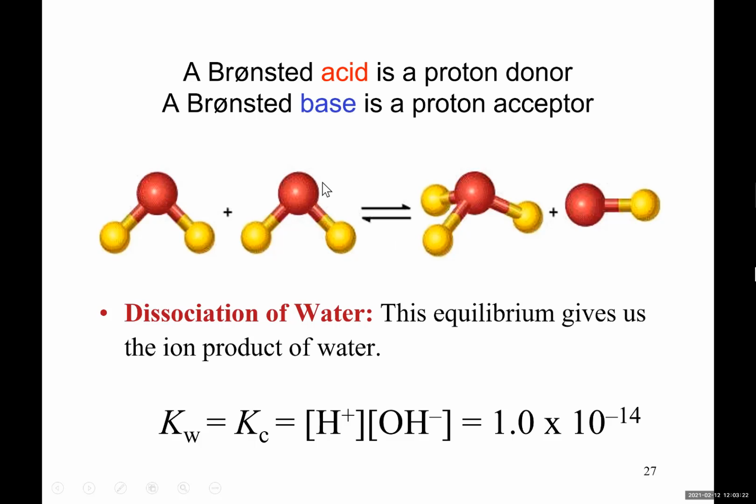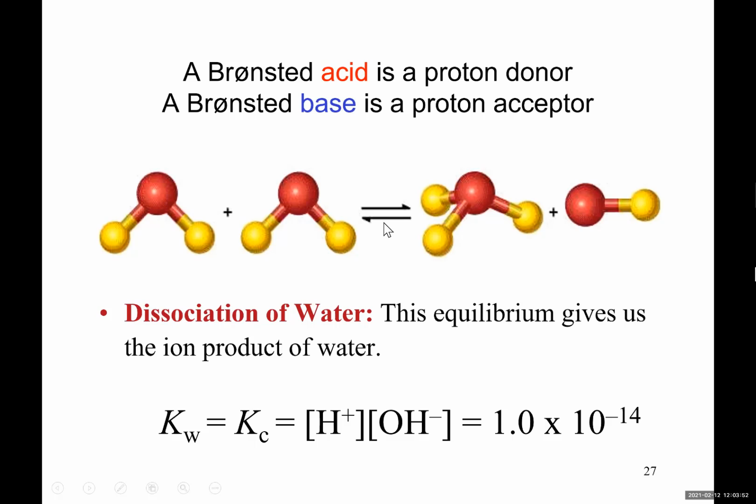And what is left from water when it has lost one of its hydrogen ions, that is OH minus. So this reaction is called autoprotolysis of water. That means of two water molecules, one of them can act as an acid, the other one can act as a base. They exchange protons together. As a result, they are going to produce hydroxide ion and hydronium ion.